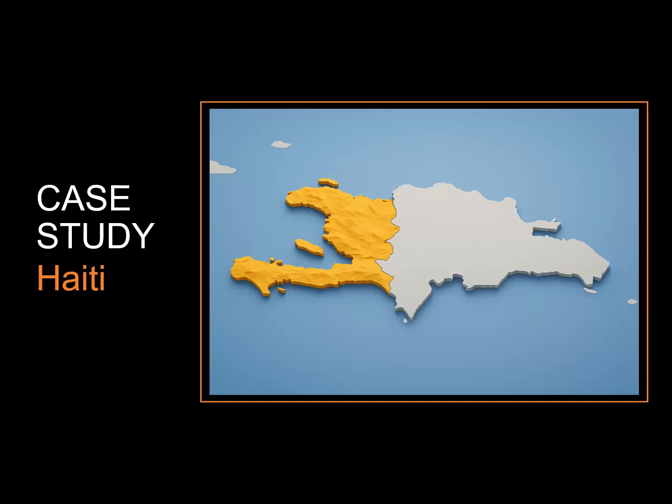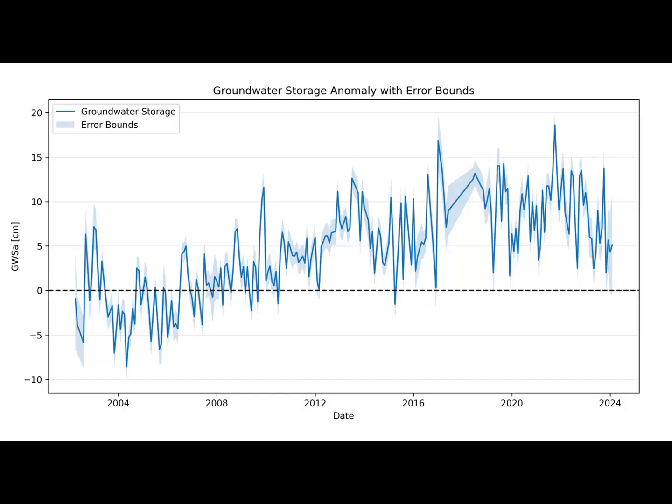Next, let's look at the nation of Haiti. I processed those data, and this is what the raw data look like. And in this case, there's an even stronger, a much larger increase in groundwater storage from about 2010 onward. With Cuba, it was up 3 to 5 centimeters, where now we're up around a 10 centimeter liquid water equivalent increase, which is pretty significant.